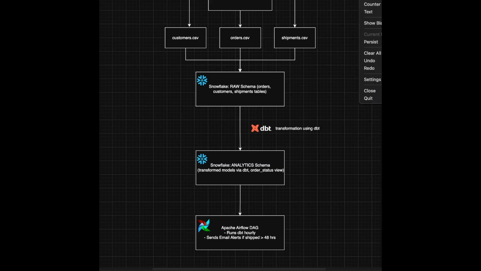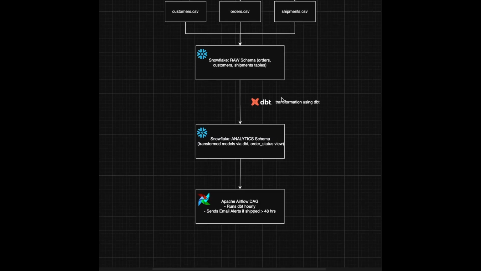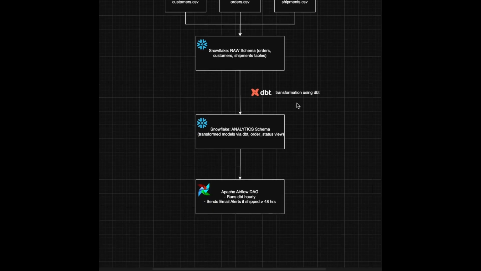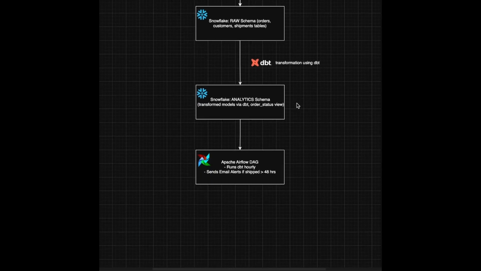Okay, so we are in this step, right? What are we doing? We are putting all the files which we created into Snowflake. This will be done manually. We will upload it. I'll show you how to do this in the Snowflake environment. After that, we will be using dbt. We will be doing transformation using dbt. We will move into the analytics schema. When we were here, we were using the raw schema over Snowflake.